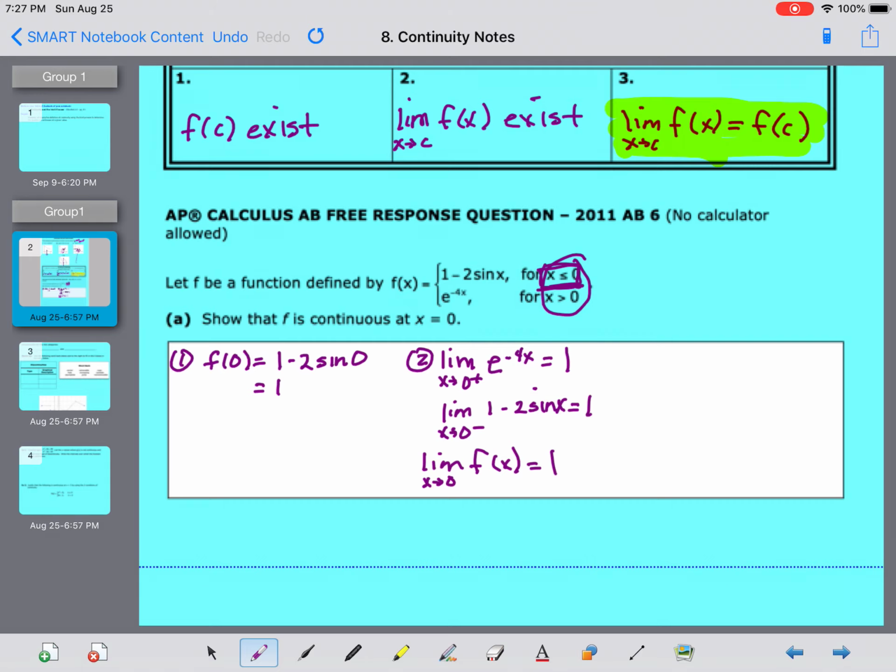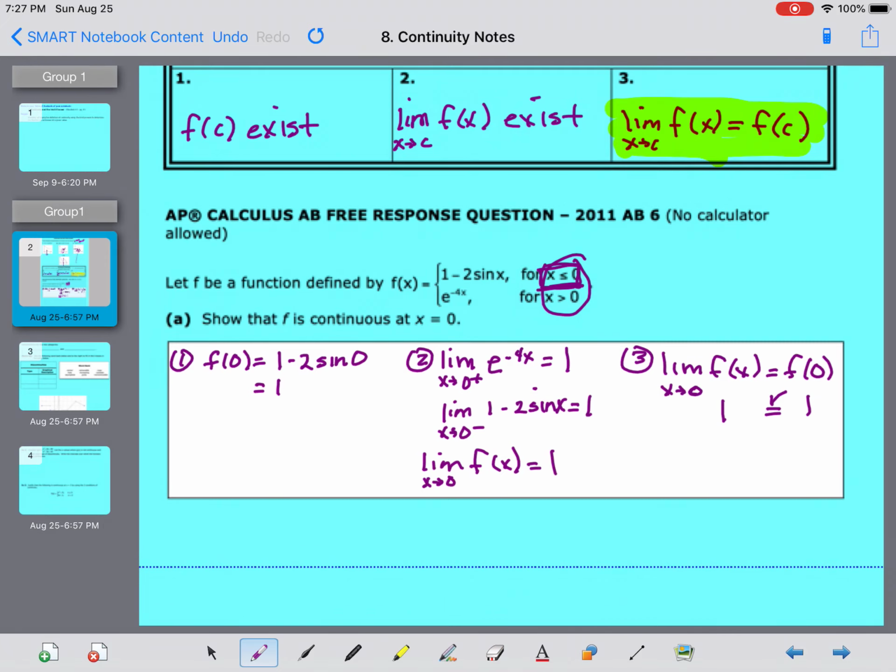The limit does exist. And then, of course, the third and most important part. Does the limit as x approaches c of this function equal f of 0? And I'm sorry, our c value is 0 here. Okay. Well, we know that the limit is 1, we know the function is 1, and those, in fact, are equal to each other.